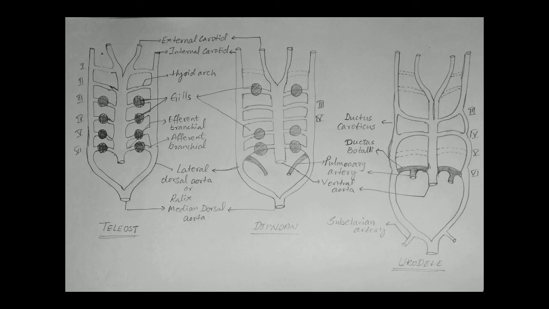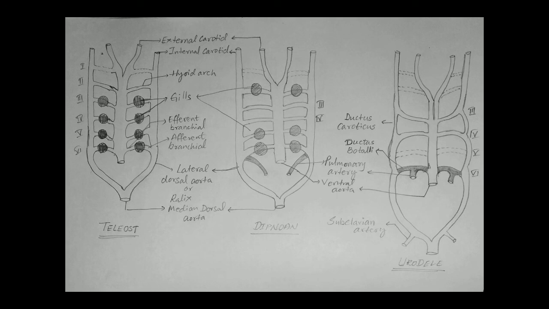In teleost fish, the scenario of aortic arches is like this. In dipnoi fishes, it is different. In urodeles, it is different. The concluding points: in teleosts the first pair goes off. In dipnoans, the first and second pairs in many of them can disappear, and the sixth branches into the pulmonary artery.